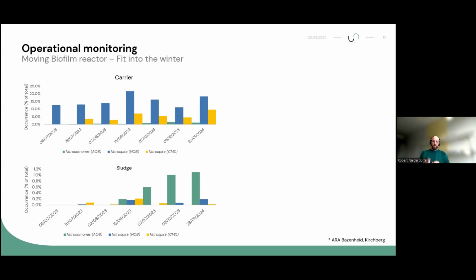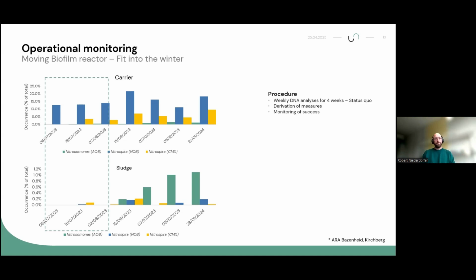In this problem here, you see we have the carrier and the sludge. One problem is that if you don't do DNA analysis, you don't really know where the bacteria are. Okay, I see nitrification works, but who does it? Is it the carrier or is it the sludge? So this is the first thing that we can inform the operators.